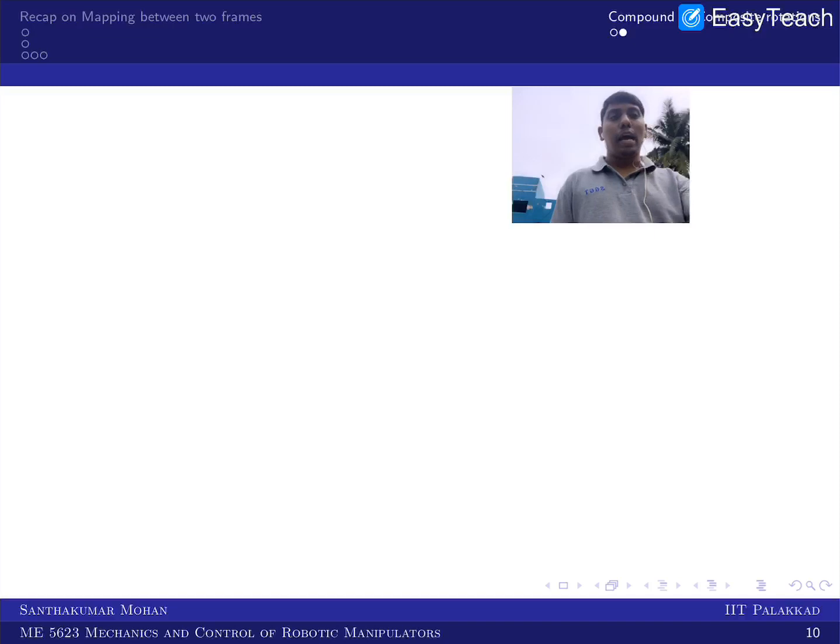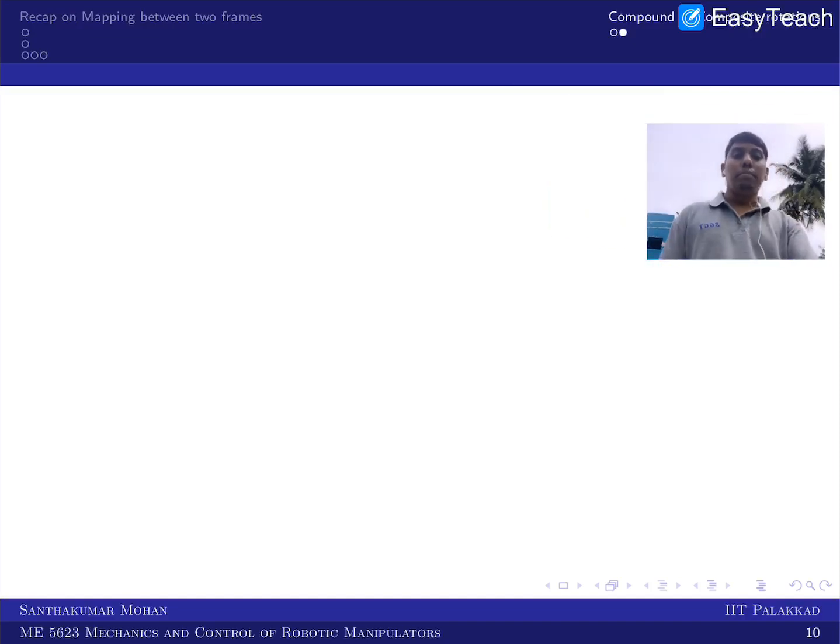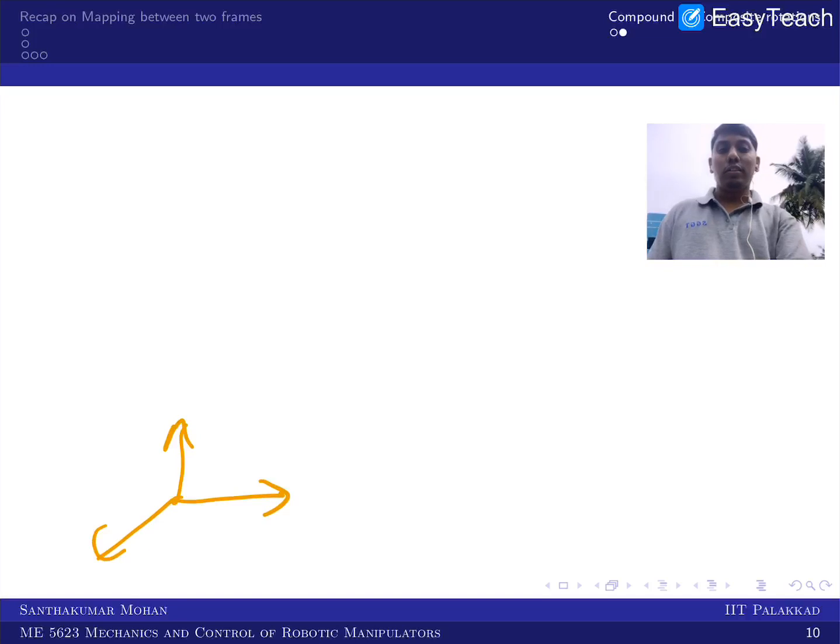I have given a blank slide here. So you can see there is a fixed frame. I call this XA cap, YA cap and ZA cap. Now I assume that there is a body associated here. Now I am rotating that. I am rotating about the x axis, which I call the gamma angle.